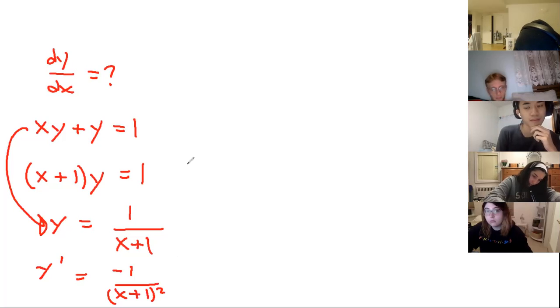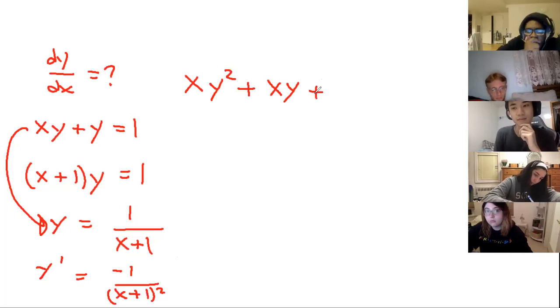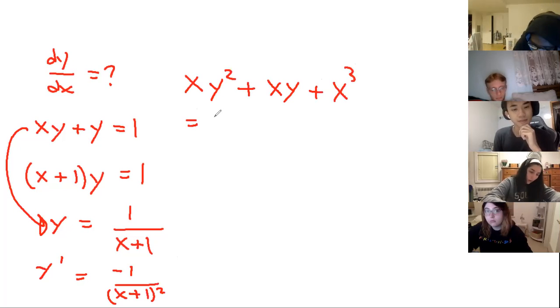So for instance, suppose the equation is x y squared plus x y plus x cubed, right, equal to x. Okay, so here's another equation. I can still solve this equation. It's quadratic. I can figure out how to solve for y.